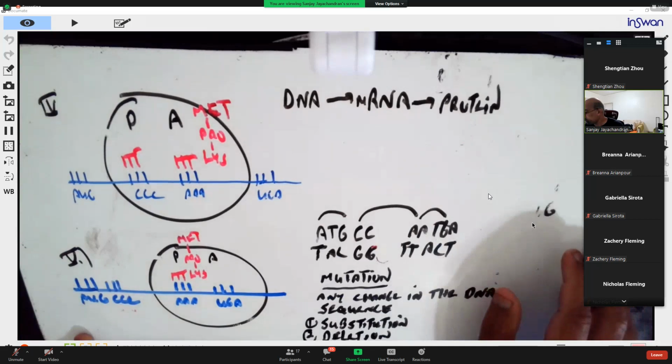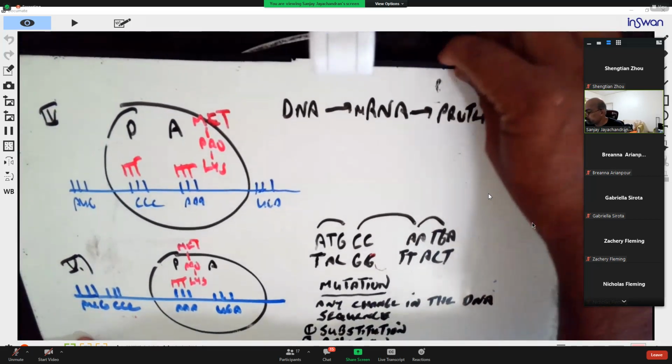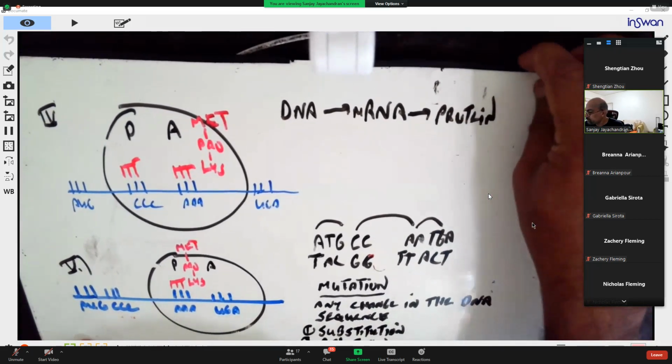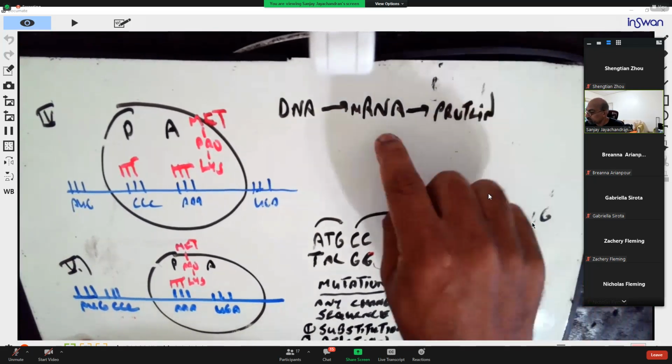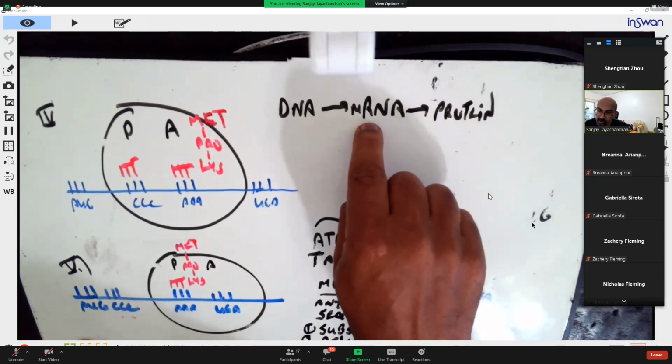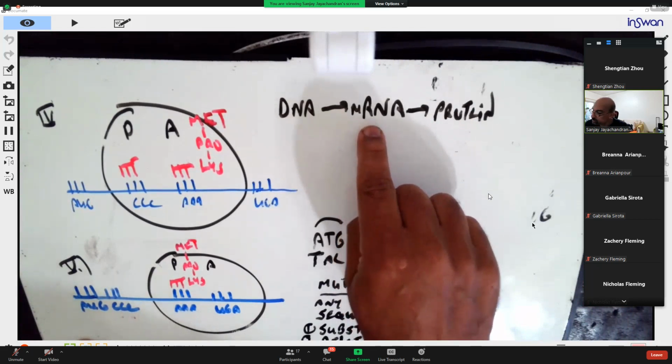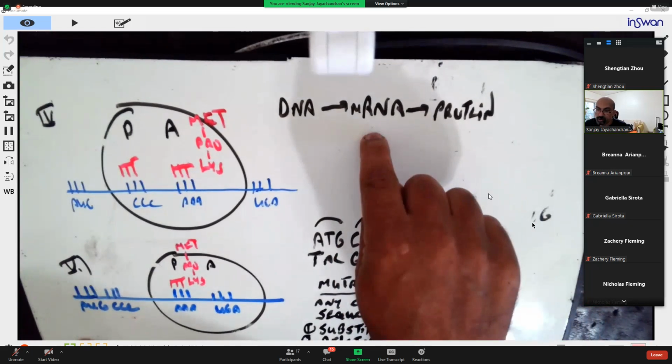Now the so-called vaccines that you're being injected with, they are mRNA, especially Pfizer and Moderna. Which protein do they code for?